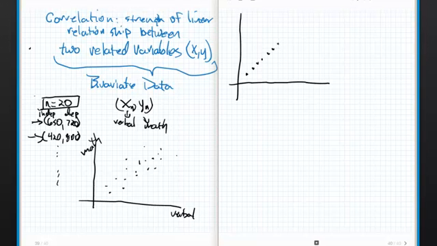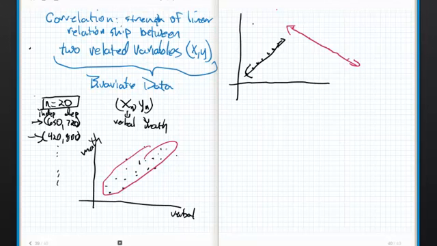This would be a perfect linear relationship. Or something like this. If I had a point here and a point here, and a point here and a point here, that would be perfectly linear. But this guy right here is just approximately linear. There certainly appears to be a linear relationship between the x and the y variables.